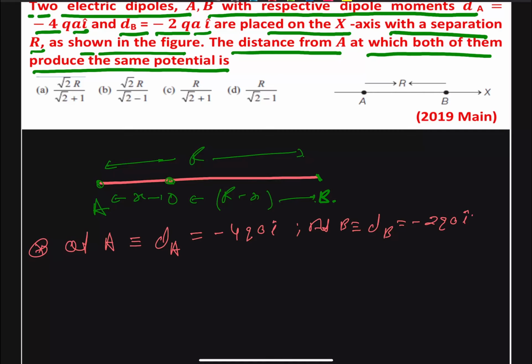Okay, so we know the formula for the potential with respect to the dipole. So we can say potential due to dipole on its axis.